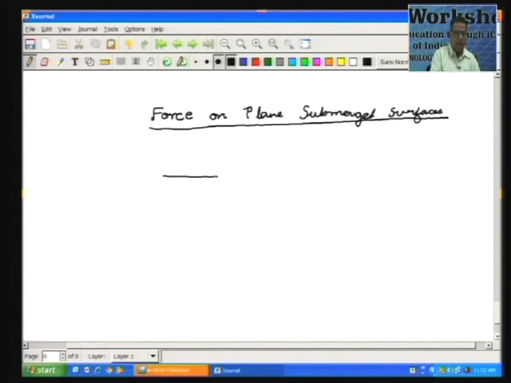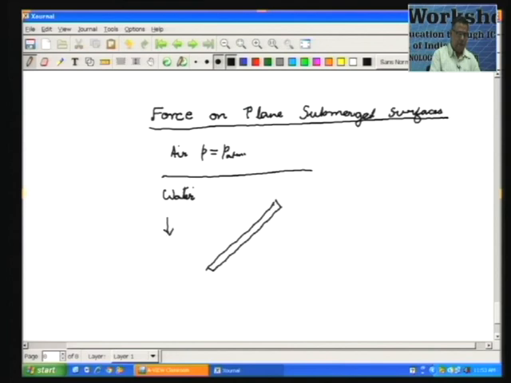So, suppose I say this is the water level or could be any liquid, above we have air. So, we know that here the pressure is atmospheric pressure. So, let us take the simple example where the fluid is water, a liquid with constant density, and you have a plane surface of arbitrary cross section which is inclined.